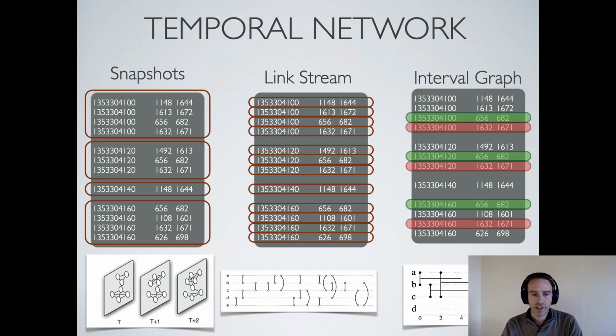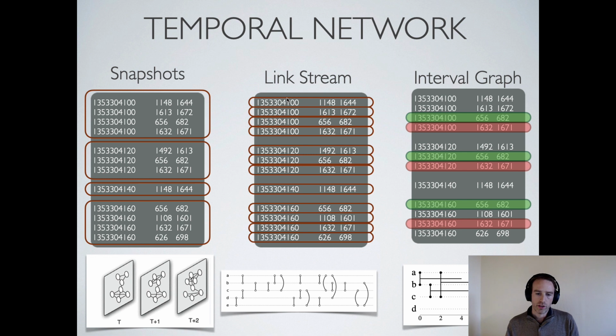And what is interesting is that the exact same data can be analyzed and represented in different formalisms. So first, as snapshots: all the lines corresponding to the same timestamp can be grouped into one snapshot.